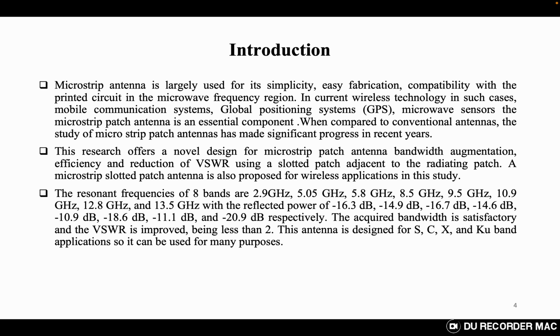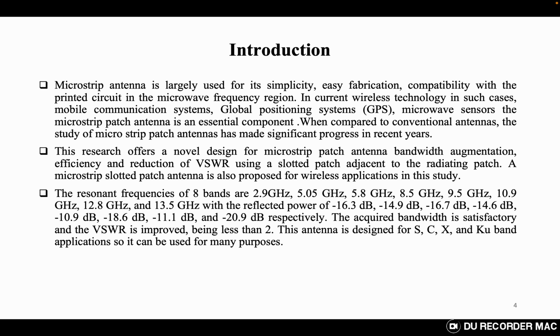2.8 gigahertz, 5.05 gigahertz, 5.8 gigahertz, 8.5 gigahertz, 9.5 gigahertz, 10.9 gigahertz, 12.8 gigahertz, and 13.5 gigahertz with a reflected power of minus 16.3 dB, minus 14.9 dB, minus 16.7 dB, minus 14.6 dB, minus 10.9 dB, minus 18.6 dB, minus 11.1 dB, and minus 20.9 dB respectively.